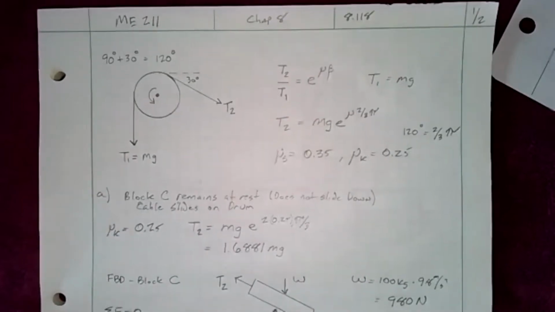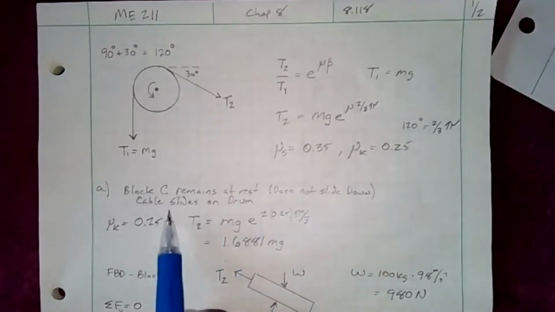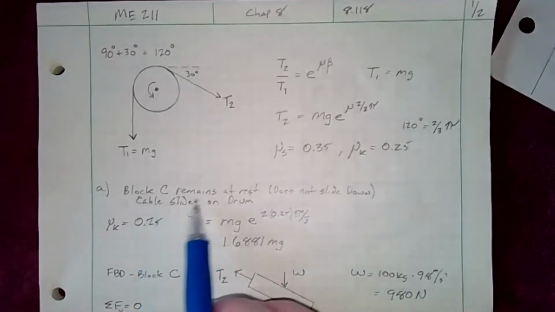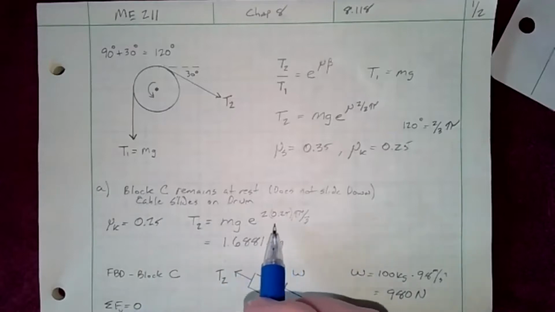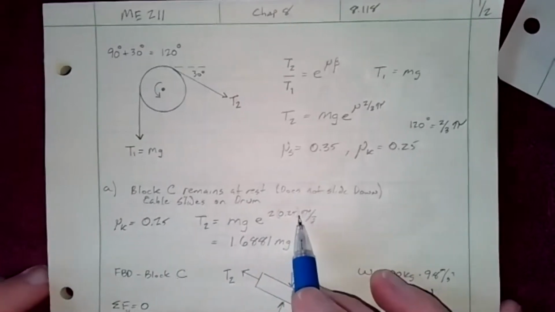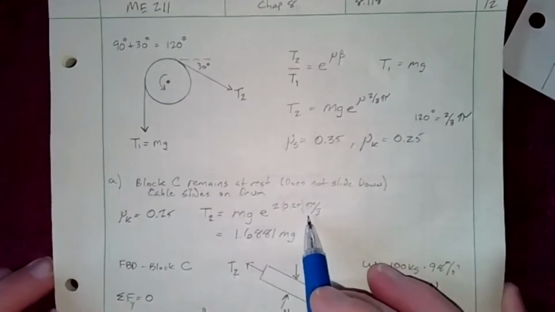Okay, so our first assumption is block C remains at rest, does not slide down, and that the cable slides on the drum. So meaning that if it's going to move, it's going to slide, but we want it to remain at rest. So we assume that mu k is 0.25. We have T2, again, from above, e to the 0.25 times 2 pi over 3.